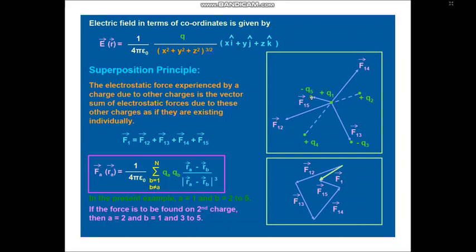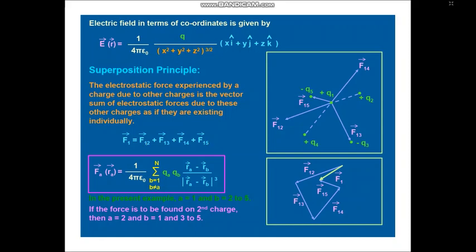and Q5 charges. For this, you have to find the individual forces like the force on Q1 due to Q2, that is F12, the force on Q1 due to Q3, F13, force on Q1 due to Q4, F14 and force on Q1 due to Q5, F15.